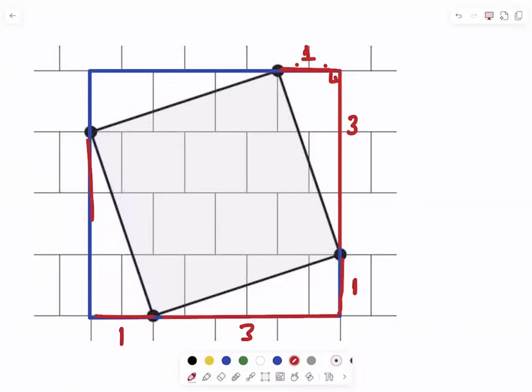Actually, what do you notice? Four identical triangles, right? Four congruent triangles, and each one's area is going to be 1 times 3 divided by 2.